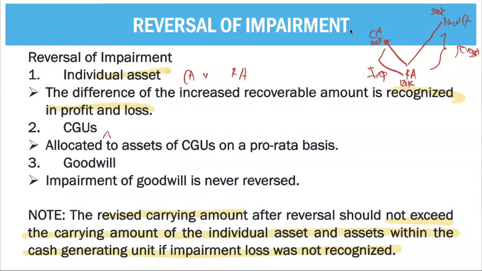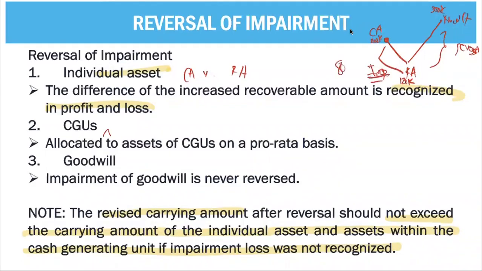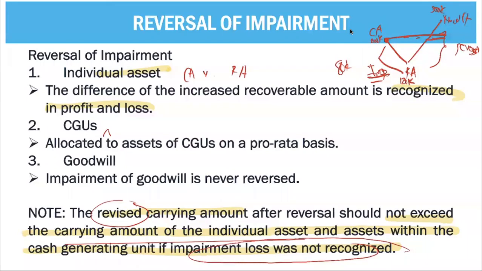So the difference between the carrying amount and recoverable amount is considered impairment, 80,000. But we can reverse it now, 120 versus 300. However, guys, you can only reverse based on the carrying amount of the individual asset if there's no impairment loss. So you can only reverse up to this extent if there's no impairment loss. So carrying amount, assuming there's no impairment loss, versus recoverable amount is the amount of our reversal.